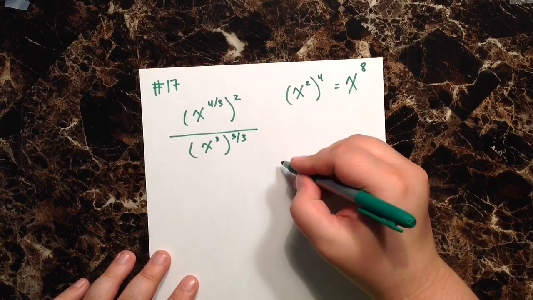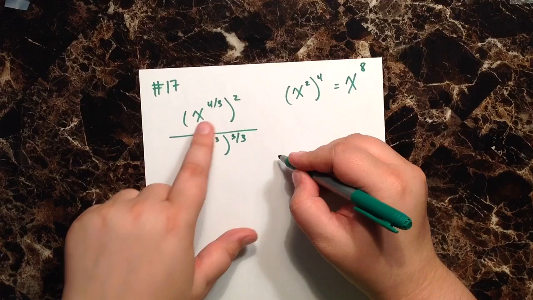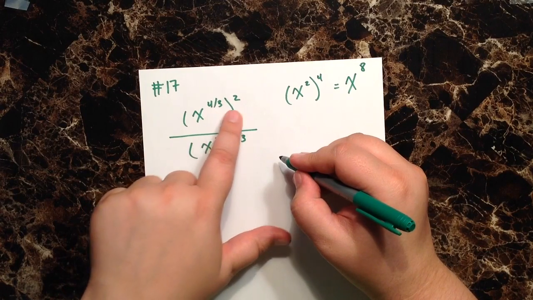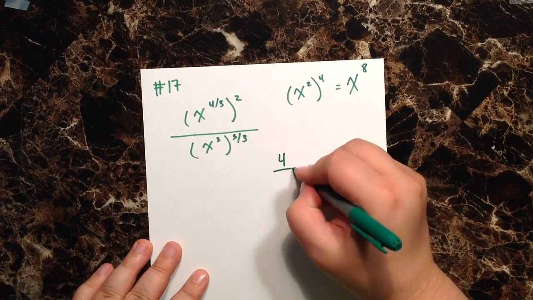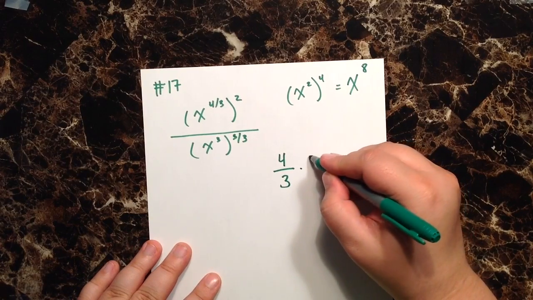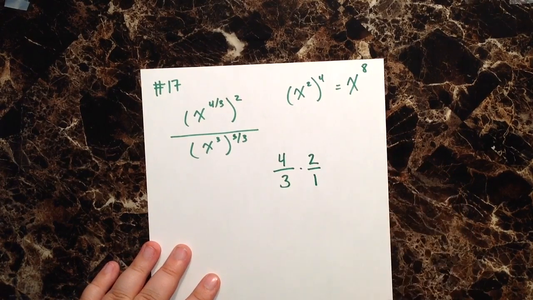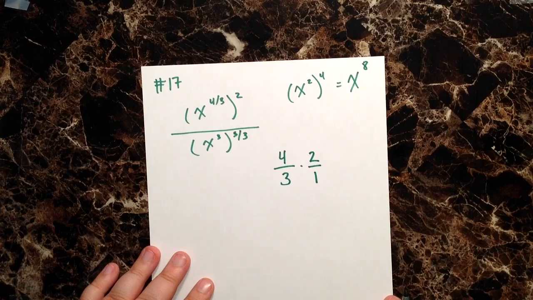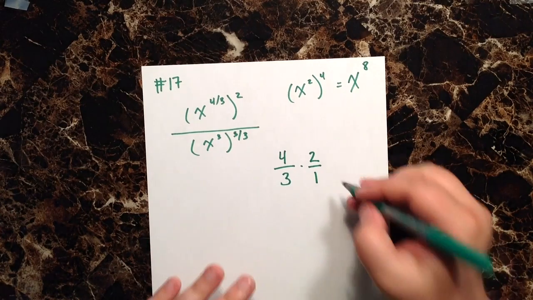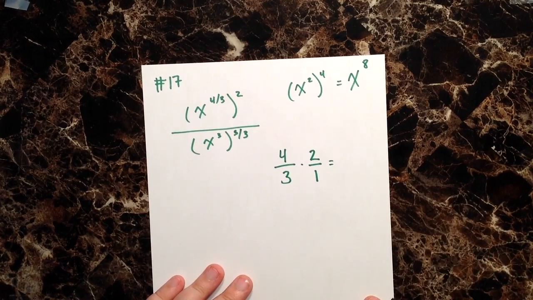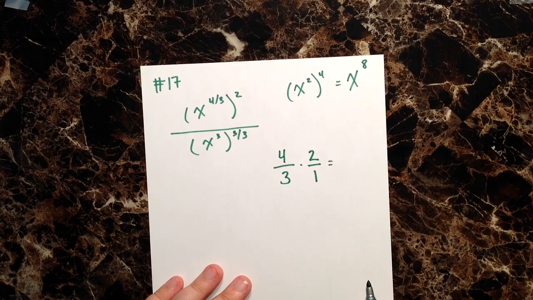Really this is saying 4/3 times 2, and of course we can write 2 as a fraction, 2/1. When we multiply, we don't have to worry about common denominators.